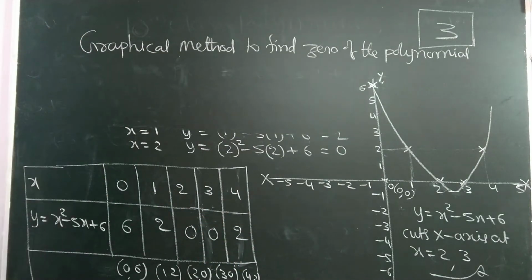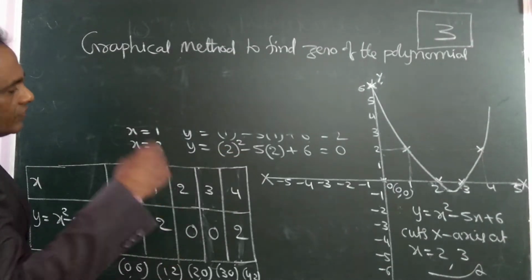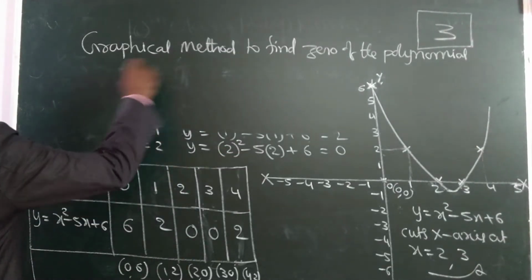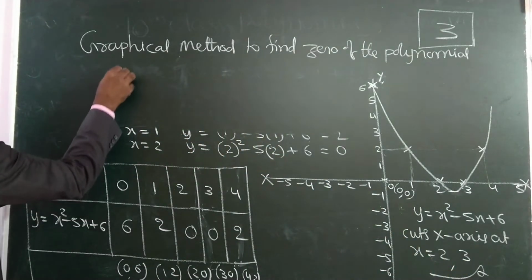Again, we will solve some exercise problems so you can clearly understand this, and even you can practice it. So whatever the concept is there, I will give it as a formula. Write down.